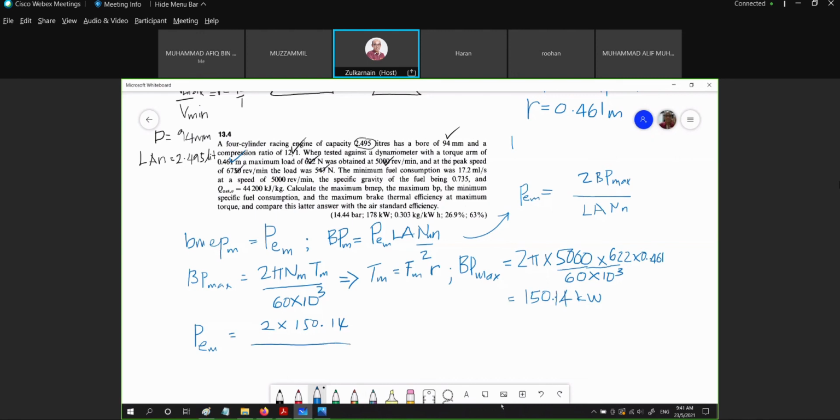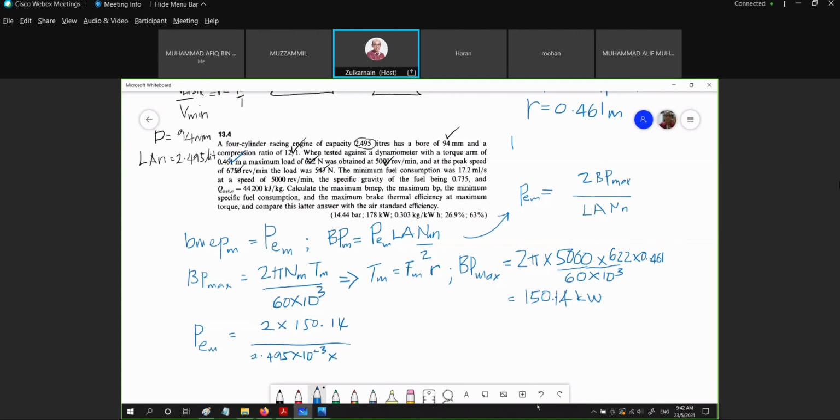So this is LAN. So LAN kita ialah 2.495 convert kepada meter bagi dengan 1000, okay, kalikan dengan LAN.